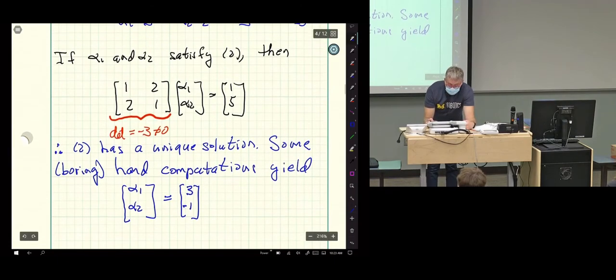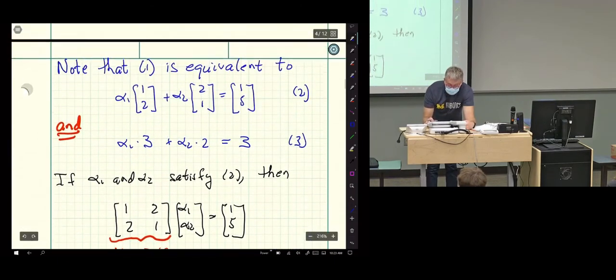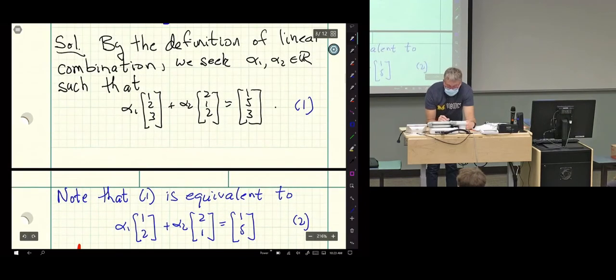Now, that's only part of the conditions. We need alpha 1 and alpha 2 that satisfy all 3 of these equations. We now have an alpha 1 and alpha 2 that satisfy the first 2.